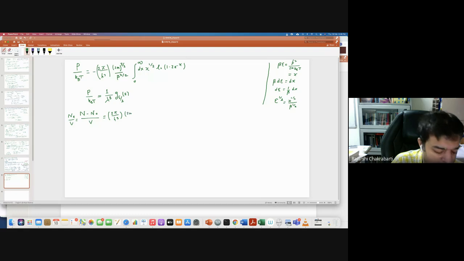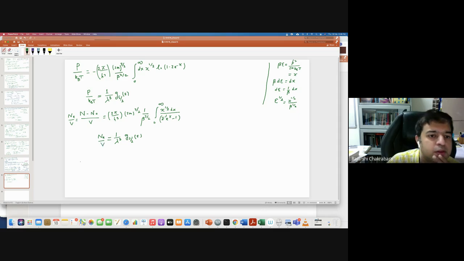You do the same thing. And this one is written as 1 by lambda cubed g 3 by 2. Okay, so I have these two expressions. I'll tell you what these are in a minute.